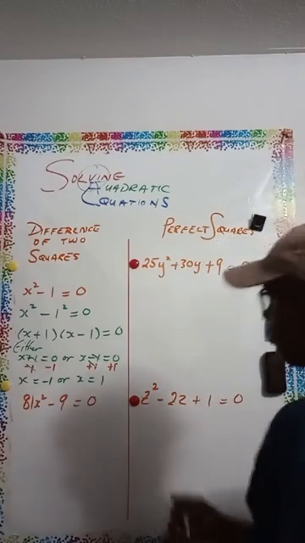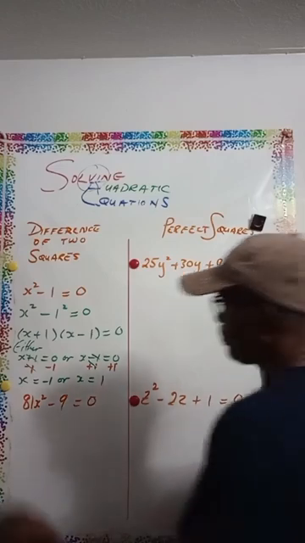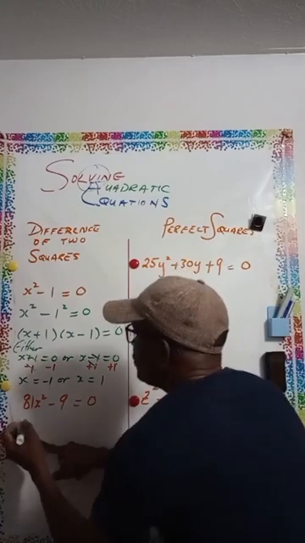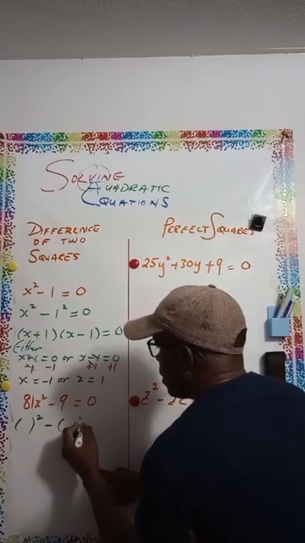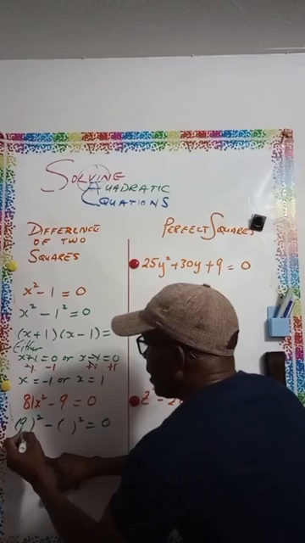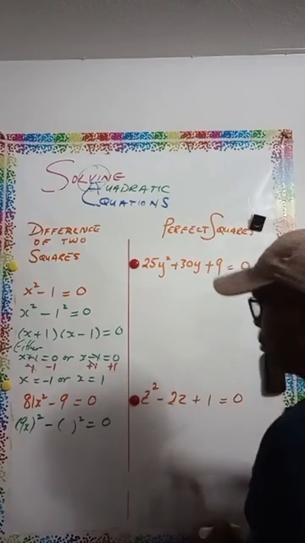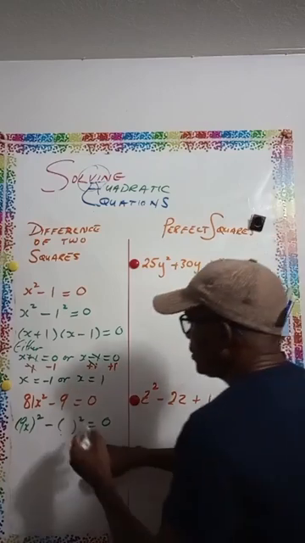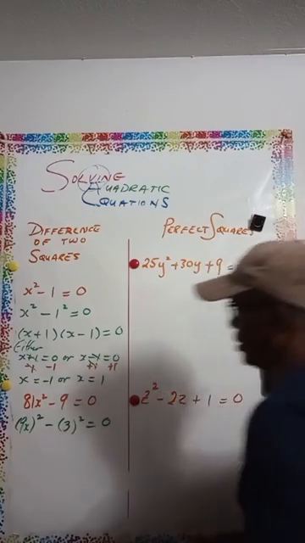Same concept. I'm going to set it up so that you can see what happens. You're going to have a set of parentheses. And what's going to go in here? 9x. Because 9x all squared is 81x squared. And 9 is 3 squared. Right?